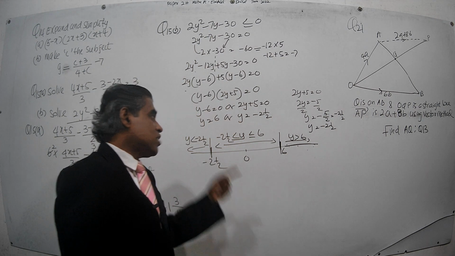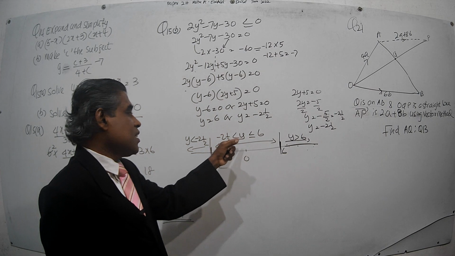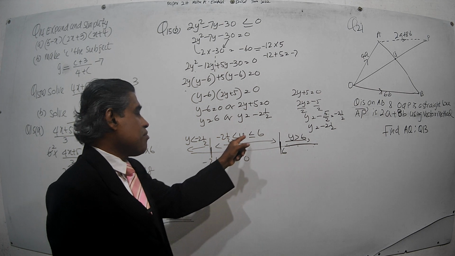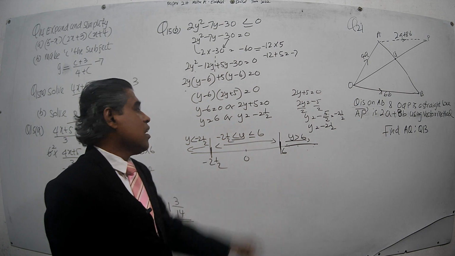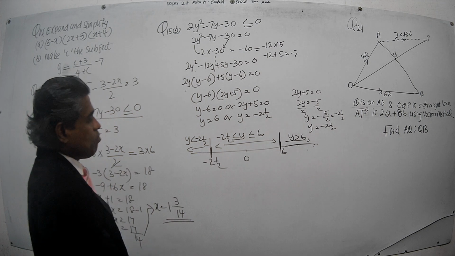First test the middle part of the number line. That is this region, y greater than or equal to minus 2 and a half and y less than or equal to 6. See whether that part satisfies that.